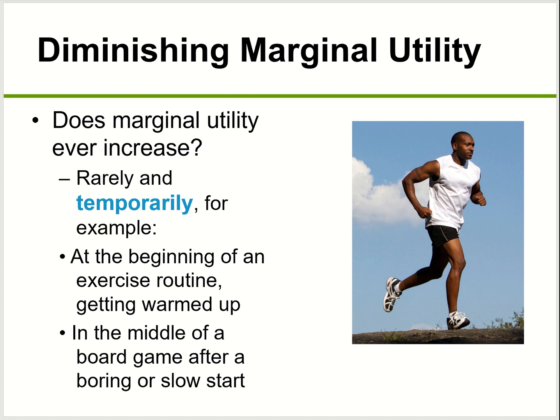Also, there are a couple of examples in the book: for people who exercise, at the beginning they might have an increase in marginal utility, or when you start playing a board game, after a slow start, once it becomes more interesting, you might have an increase in marginal utility. Okay, but this concept, diminishing marginal utility, is usually true. It's pretty much always true.